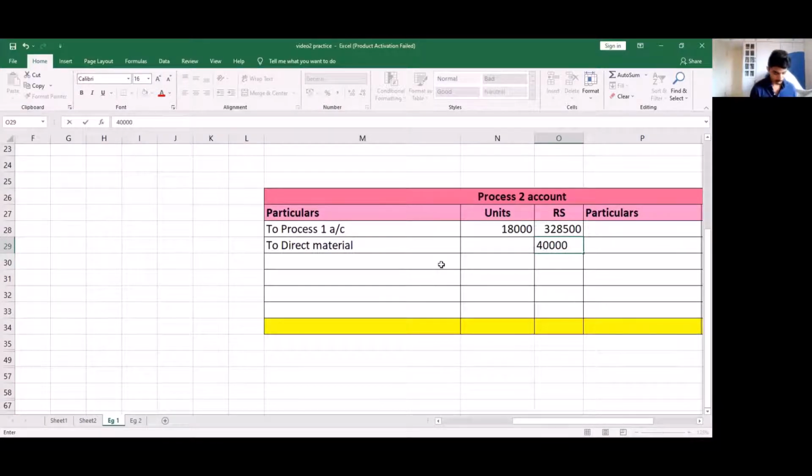Next, we have direct labor, and our direct labor is 30,000. And as we said before, these don't add to the units, so we're just going to enter the amounts. The production overhead is 40,250.